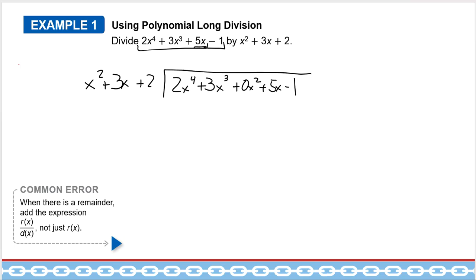So, I am going to divide these first three terms in my problem by the x squared from right here.